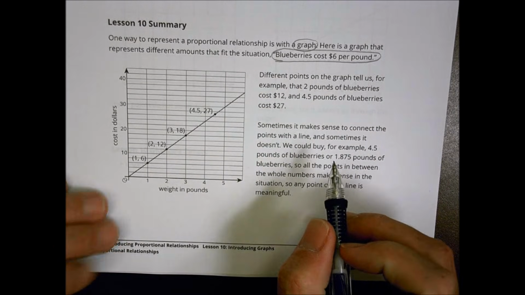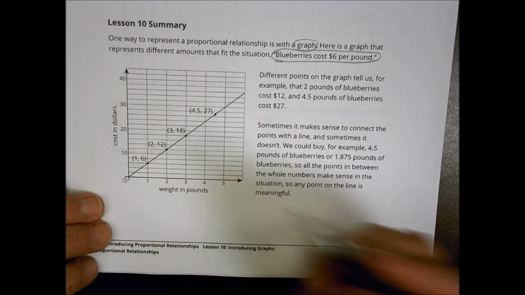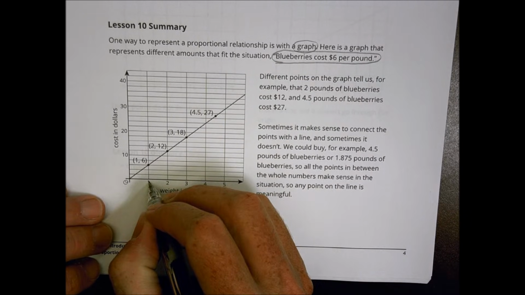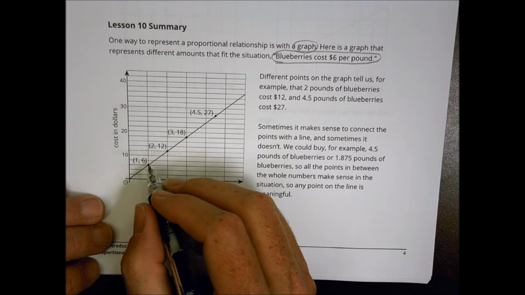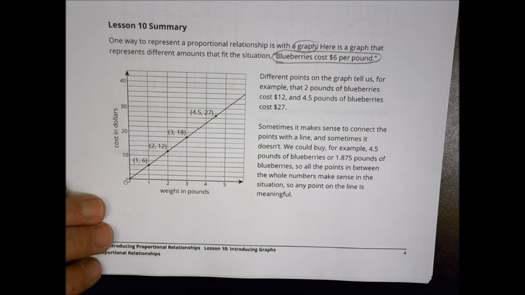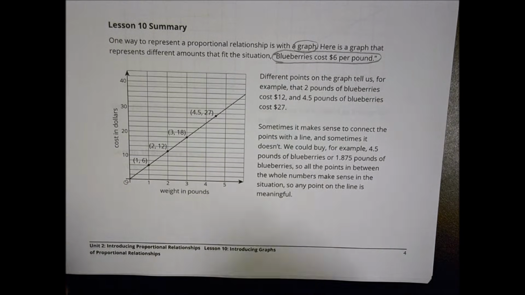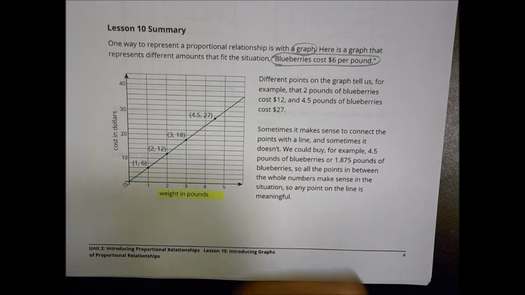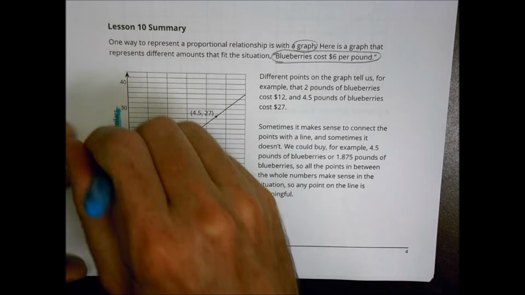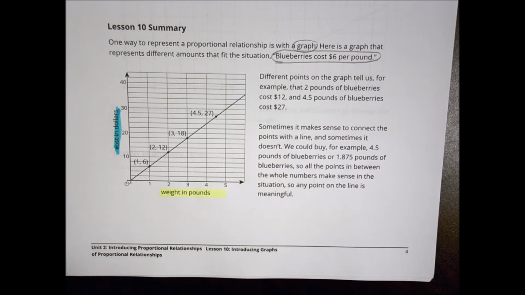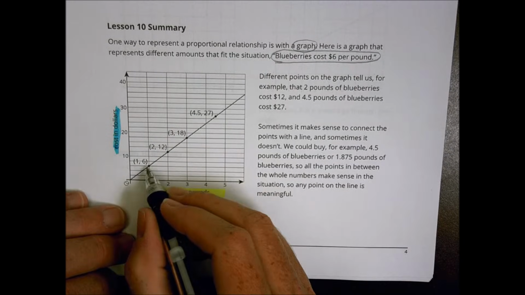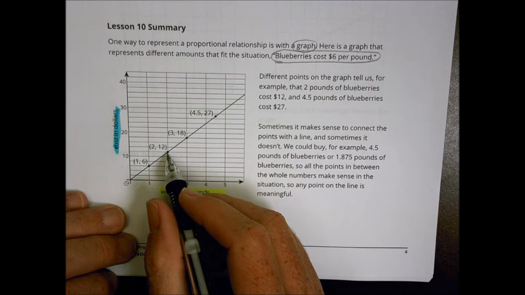So we know, for example, that if I have 1 pound of blueberries, it's going to cost me $6, right? So I have two different elements here. I have my weight in pounds here, and I also have my cost in dollars here. So I have two elements that I'm comparing, the weight and the cost. So 1 pound of blueberries costs $6, 2 pounds cost $12.